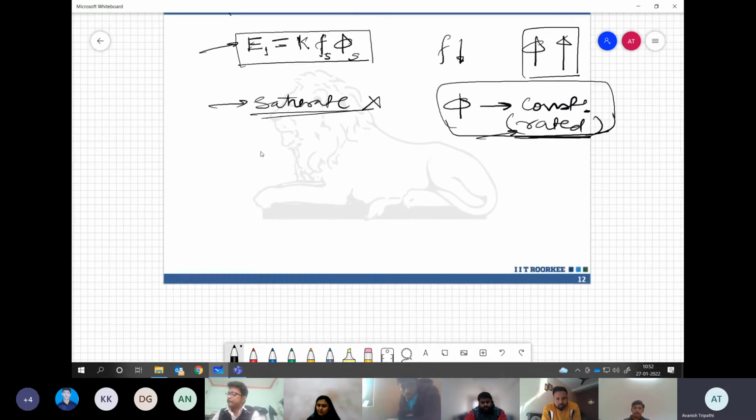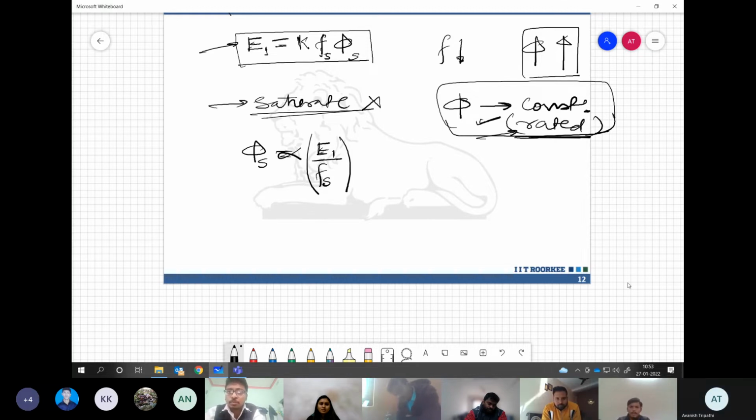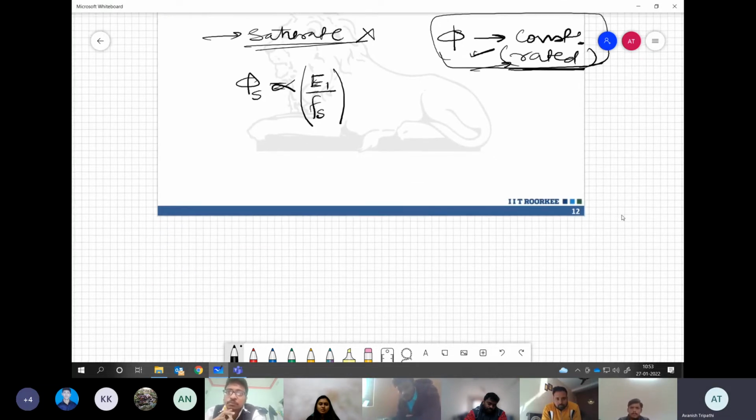Then, if you rearrange this, it comes out as E1 by Fs, which means the ratio of these two quantities must be maintained constant if you want constant flux operation. Understanding my point? Now, let us say we are maintaining this as constant.